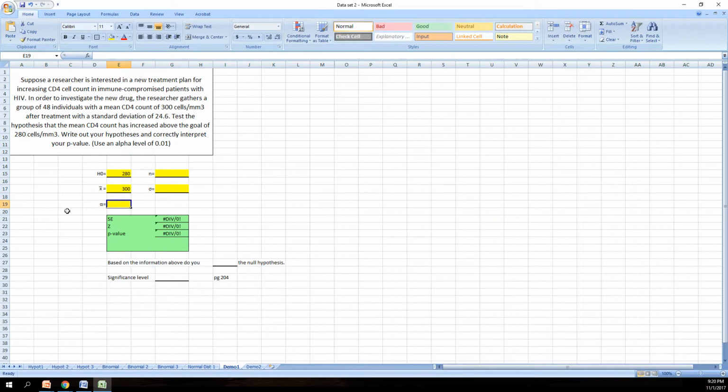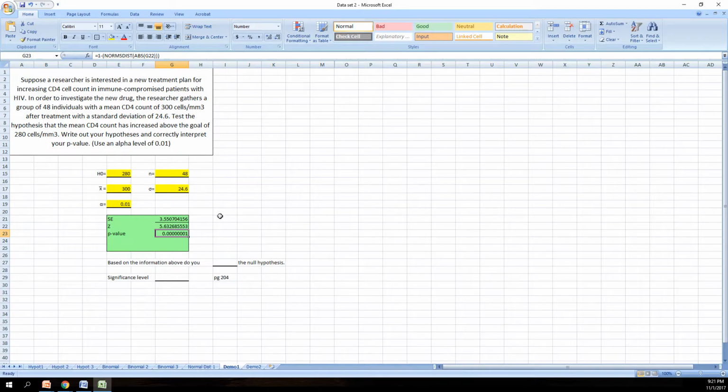We're going to put an alpha level of 0.01. Our n in this case is 48 individuals, and our standard deviation is 24.6. Once you pop that all in, you'll see in the green box below that it calculates your standard error, your z-score, and then the p-value associated with your z-score.